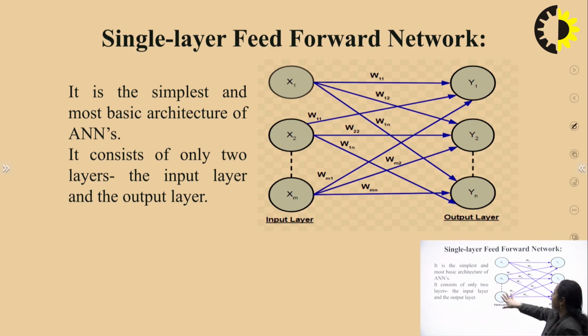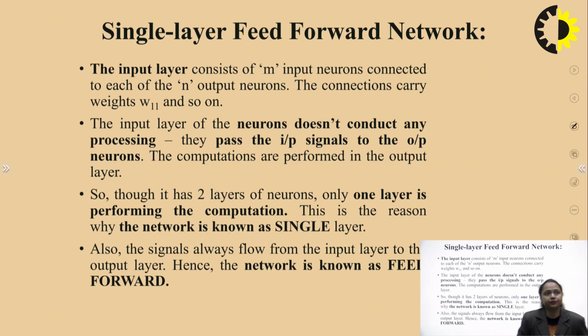As we can see in the diagram, X1 is connected to Y1, Y2, Yn. Similarly, X2 is connected to Y1, Y2, Yn, and similarly XM is connected to all the output layers. So this is the property of ANN, that all the layers are interconnected to each other. So in a single layer feed forward network, we have an input layer and an output layer.